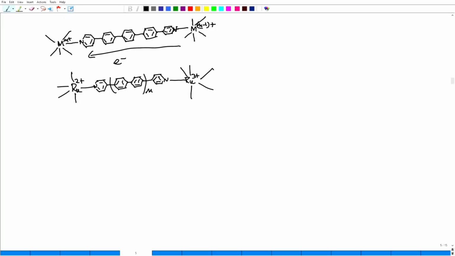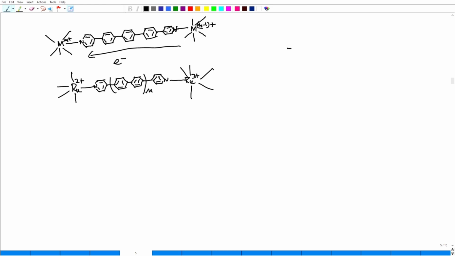Now, I will tell you a very important molecule. It was reported by Jean-Marie Lehn. This is called a molecular switch. Let me draw this molecular switch.